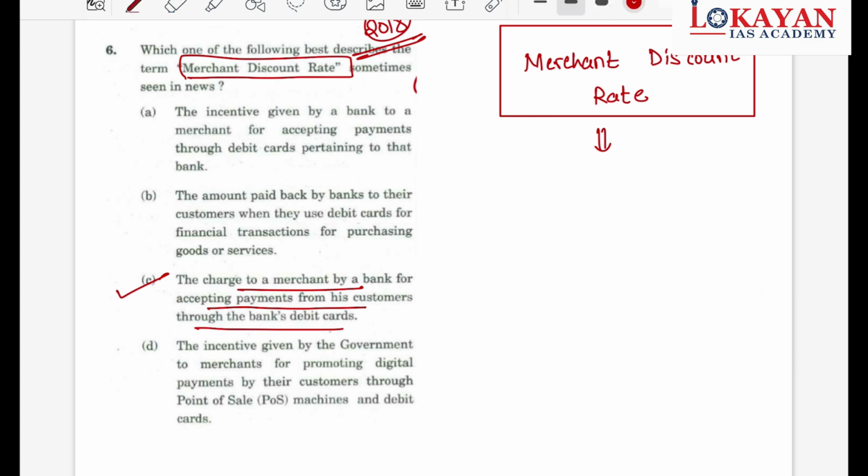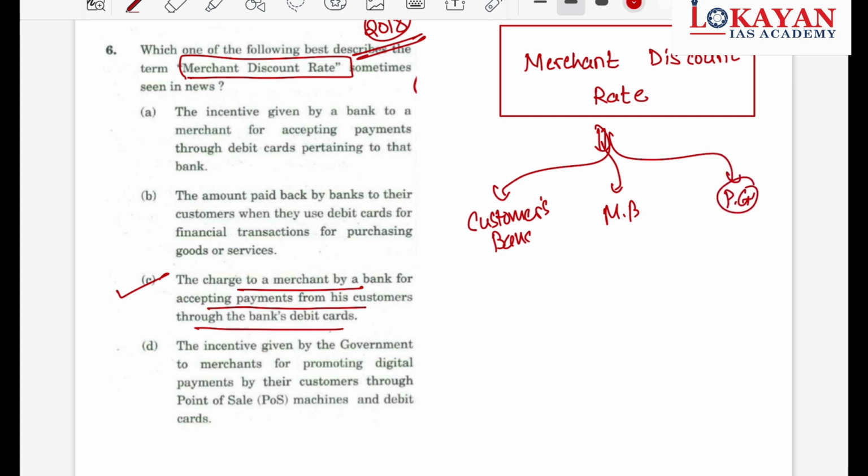MDR will be divided into the customer's bank, the merchant's bank, and the payment gateway, meaning the network of the card, for example Visa, RuPay, etc. That is the payment gateway.